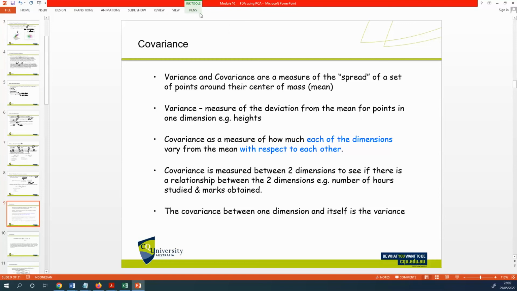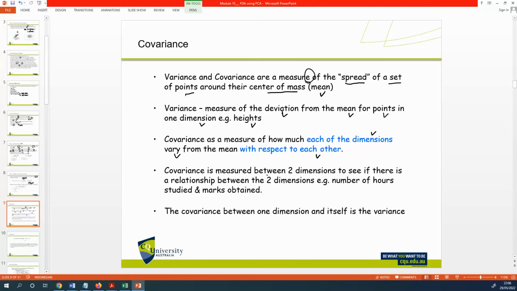The variance and covariance are a measure of the spread of a set of points around the center of the mass, or the means. Variance measures the deviation from the mean for points in one dimension only, for example using height. Covariance is a measure of how much each of the dimensions varies from the mean with respect to each other.